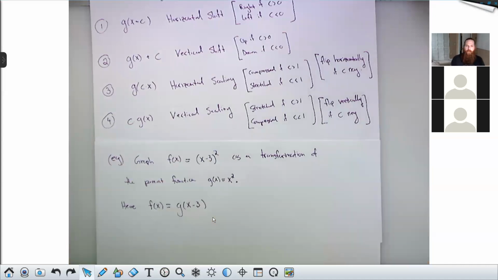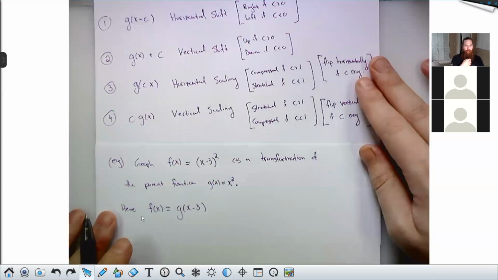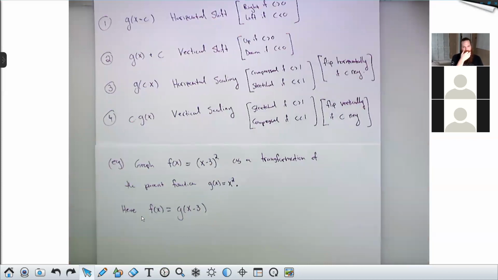So what sort of transformation do I need to apply to the x squared graph to get this guy? Which one of these four things does this look like?